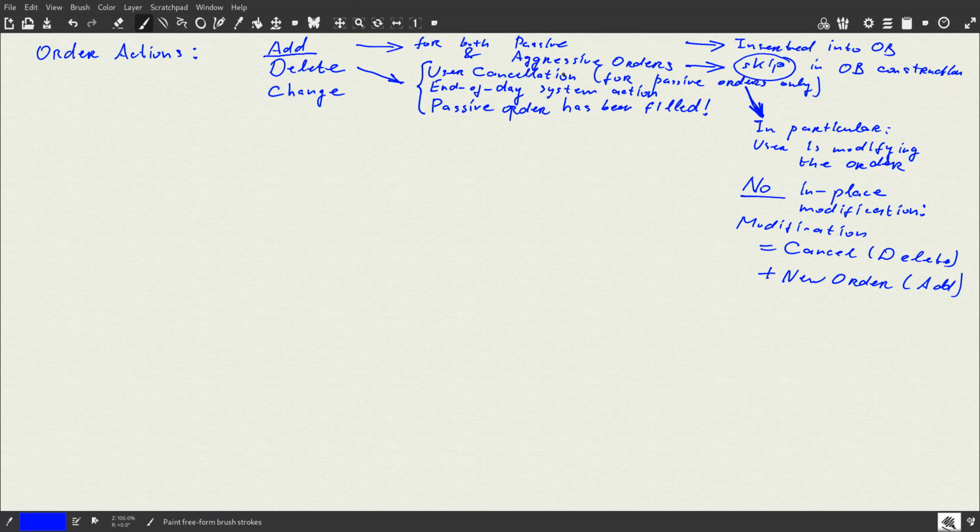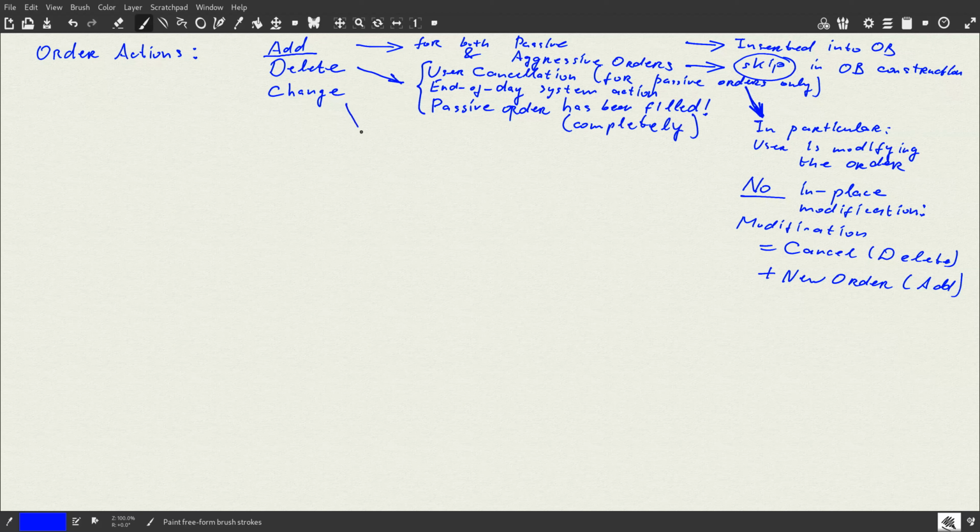So basically, delete, as we have seen here, is part of four possible cases. User cancellation, which is an outright cancellation, just cancel and that's it. Cancellation which is a part of modify, to be followed by add with new parameters. End of day system action. And a passive order having been filled completely, completely eaten up by an aggressor.